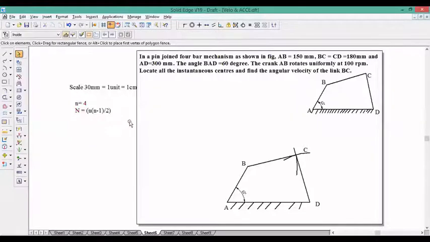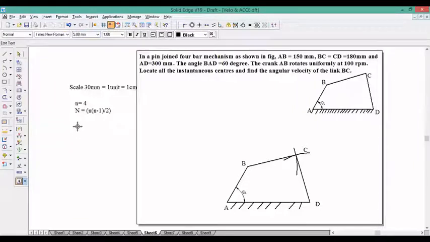Now if you substitute n is equal to 4, we get N is equal to 4 into 3, that is 12. 12 divided by 2 means 6. So there are 6 instantaneous centers for this 4-bar mechanism.